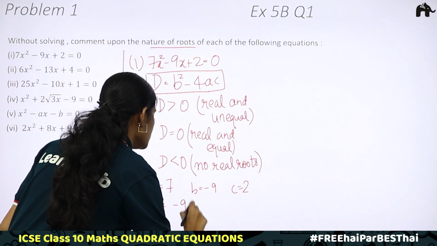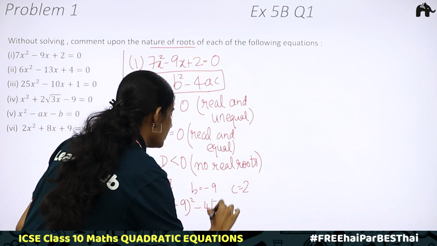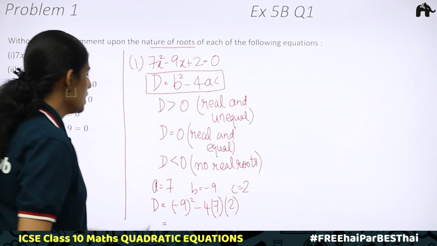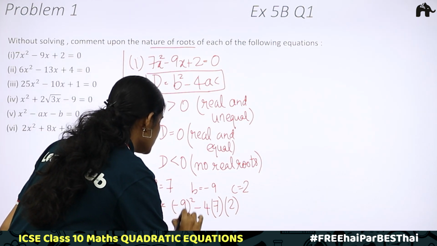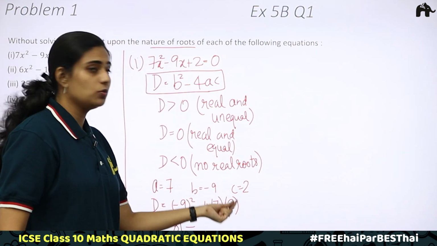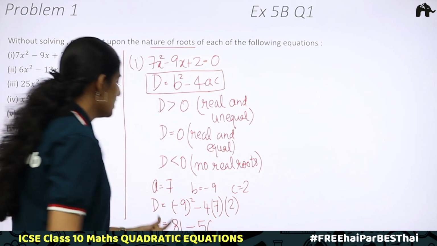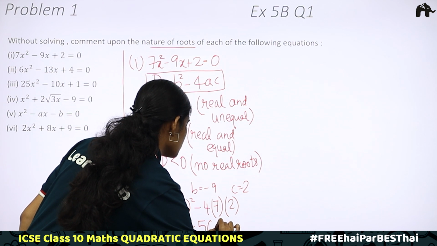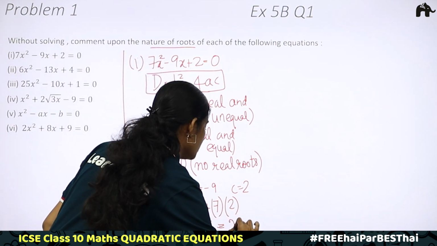Therefore, minus 9 square minus 4 into 7 into 2. What is minus 9 square? 81 minus 4 into 7, 28, 28 into 2, 56. What is 81 minus 56? You will be getting 25.